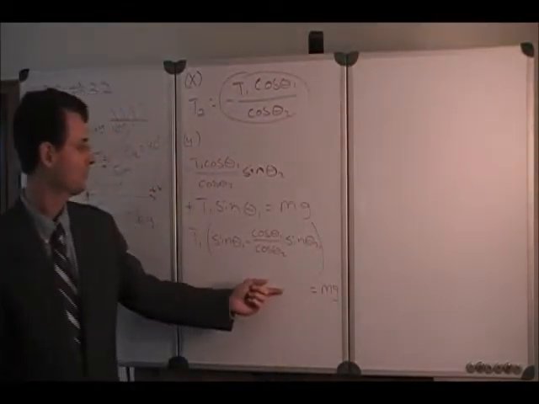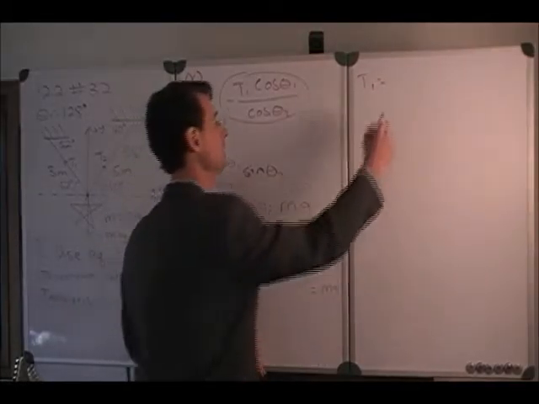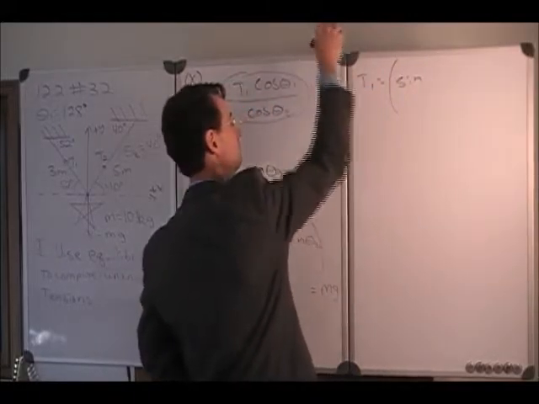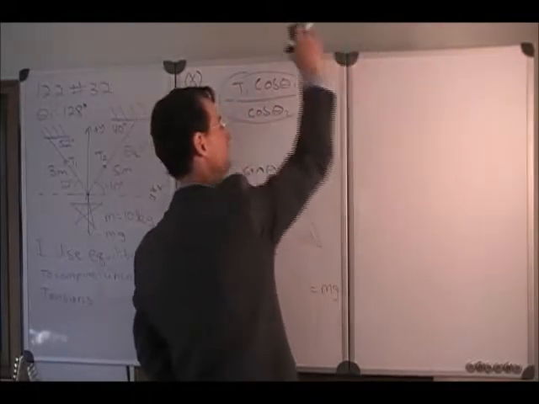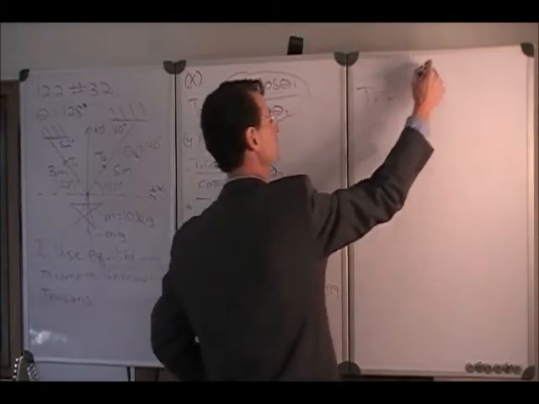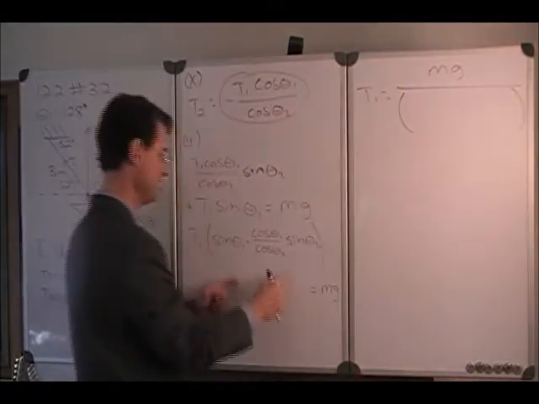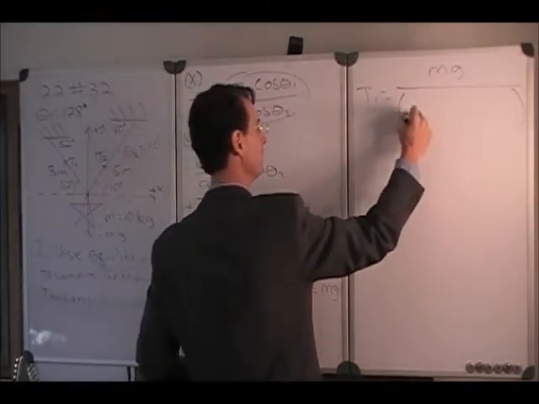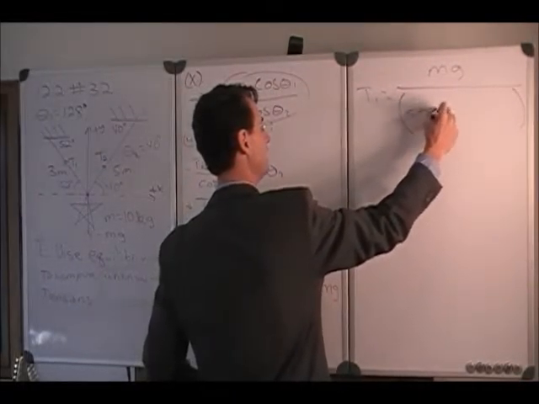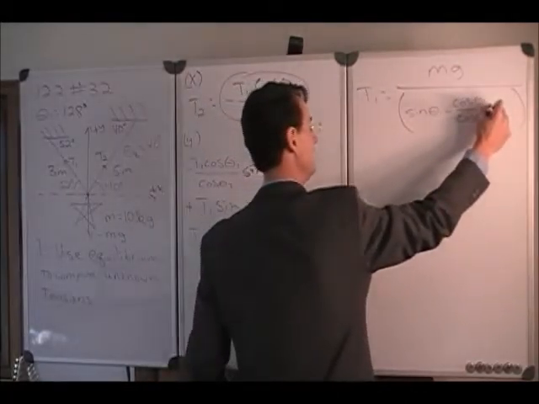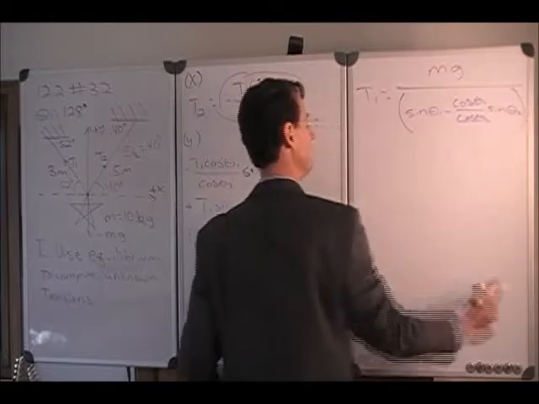Right, we can divide both sides by the term in parentheses, and we arrive at t1 is equal to mg divided by, and now we're just rewriting the term in parentheses carefully, sine theta 1 minus cosine theta 1 over cosine theta 2 times sine theta 2.